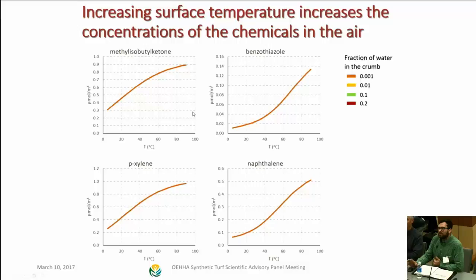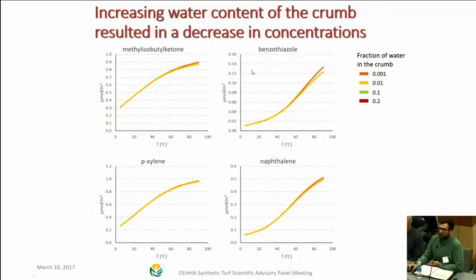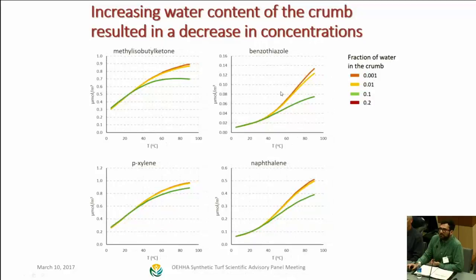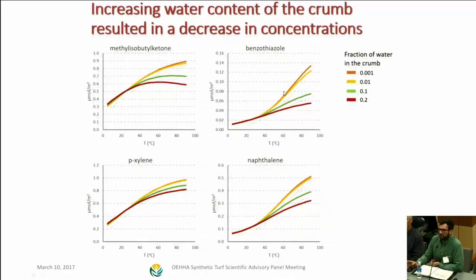So what happens then if it starts raining and the fraction of water in the crumb increases? Now, these are the calculations for a very dry crumb, with the fraction of water in the crumb being 0.001. This is what happens when you increase to 1%, to 10%, and to 20%.